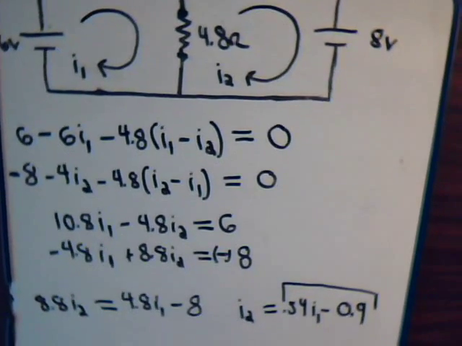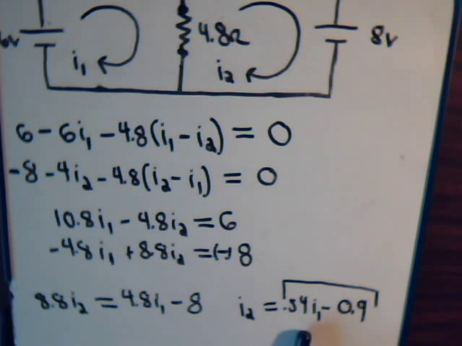Here we just brought this over to this side of the equation, so we have this expression. Solve that for I2, we get this expression, and now we're going to substitute this right here.